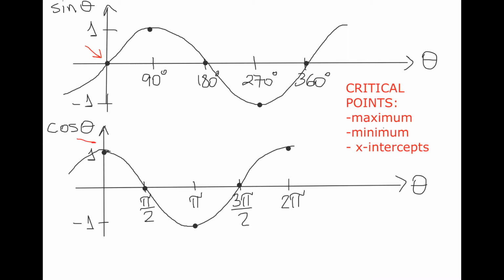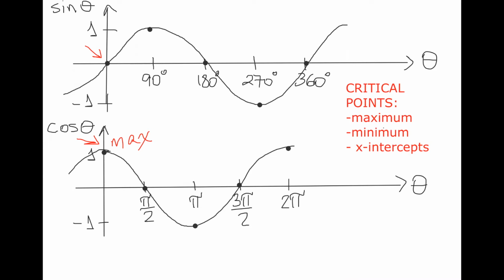The first critical point on the cosine function, however, is a point of maximum. So that's important for you to know that for the cosine function, the first point on your graph is a point of maximum, which means that the next point you're going to graph can't go up, it has to go down, because you can't have anything higher than your point of maximum by definition, right?